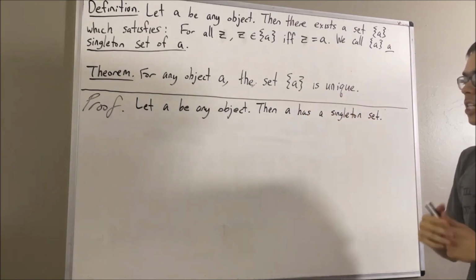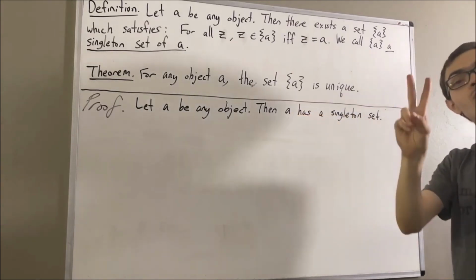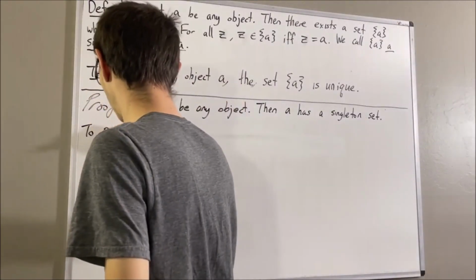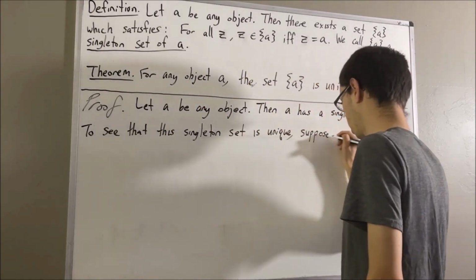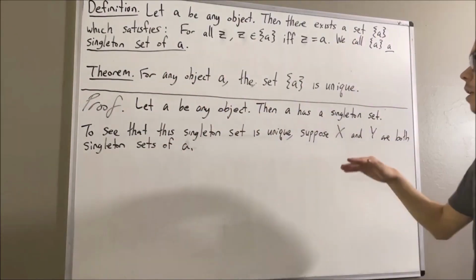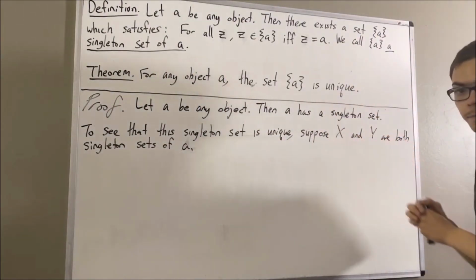And to prove uniqueness, we can suppose that A has two singleton sets. I'll call them X and Y. And to prove uniqueness, all we have to do is prove that X is equal to Y.